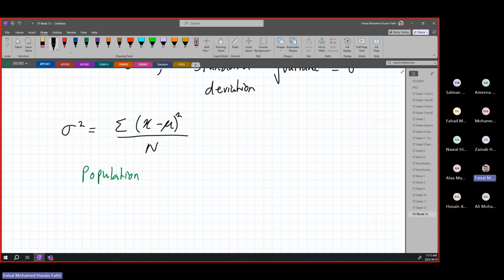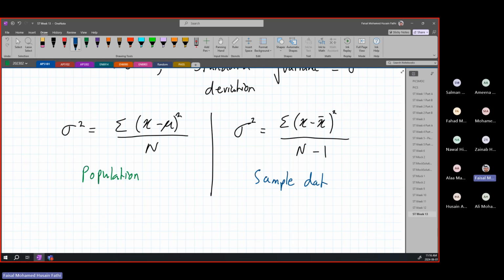And the other equation, at least for raw data, was x minus, again, mu, but sometimes they call it x bar when it comes to the sample. It's the same thing over n minus 1. This is for sample data.